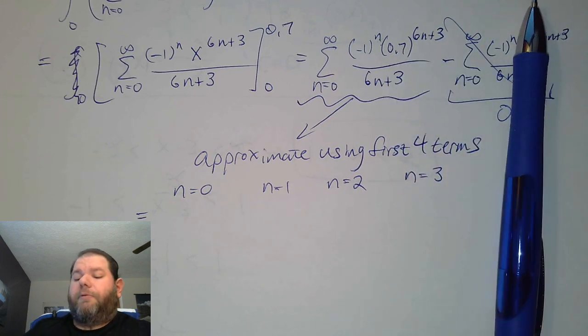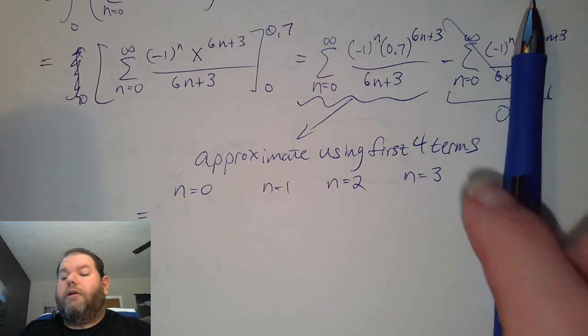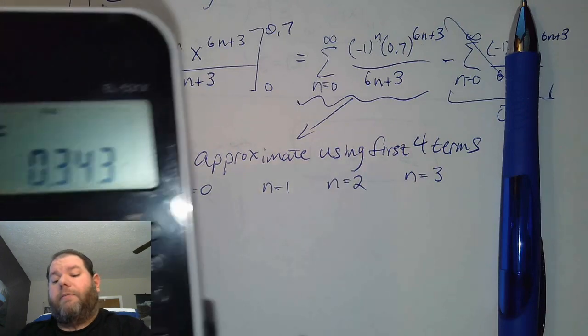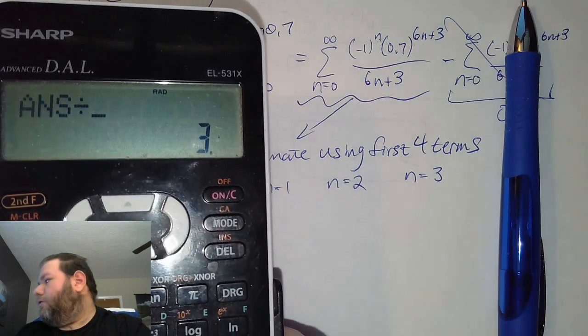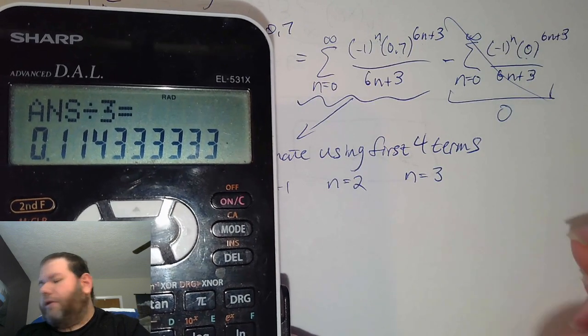0.7 to the third power. I'm going to put that on the calculator real quick, so I don't forget. So we get 0.7 to the third, and then we'll divide by 6 times 0 plus 3, so divide by 3. So we get 0.114333.